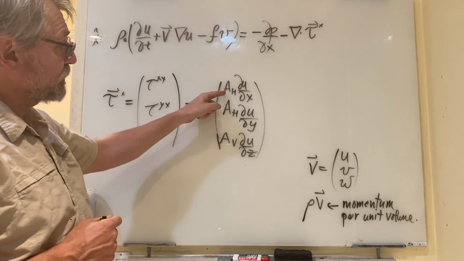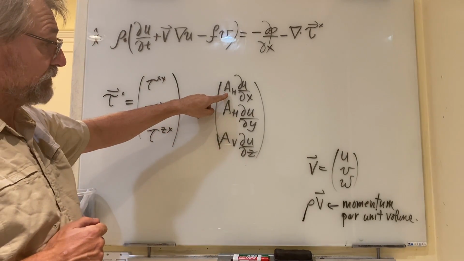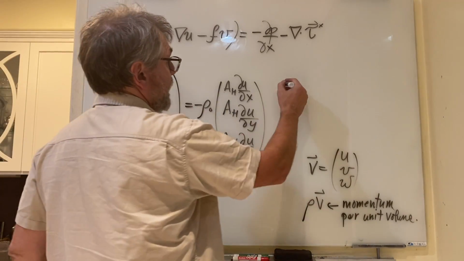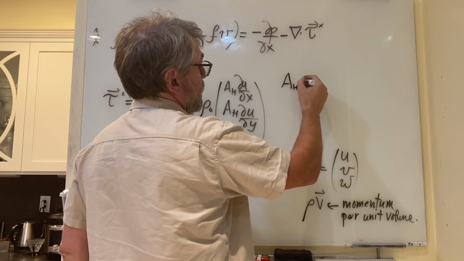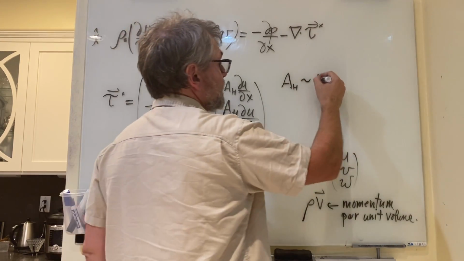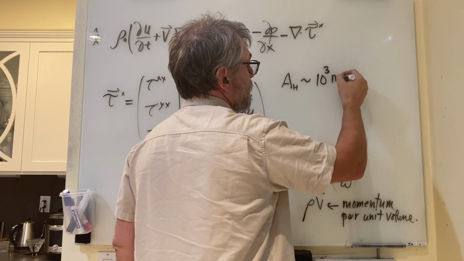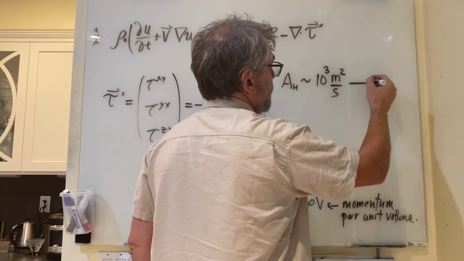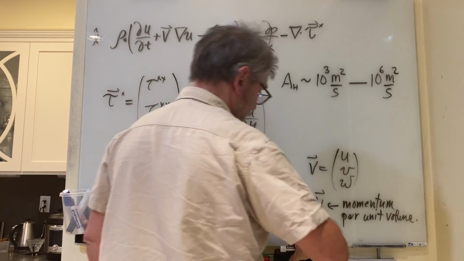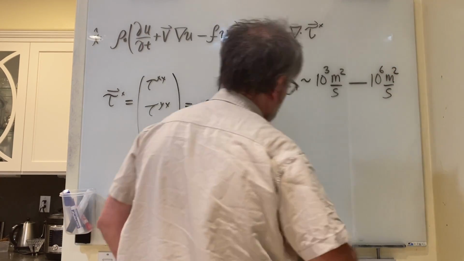So these numbers AH, these are called diffusivities for momentum, and the typical sizes for AH is about 10 to the 3 meters squared per second, all the way up to maybe 10 to the 6 meters squared per second. Whereas AV, the vertical one, is much smaller.